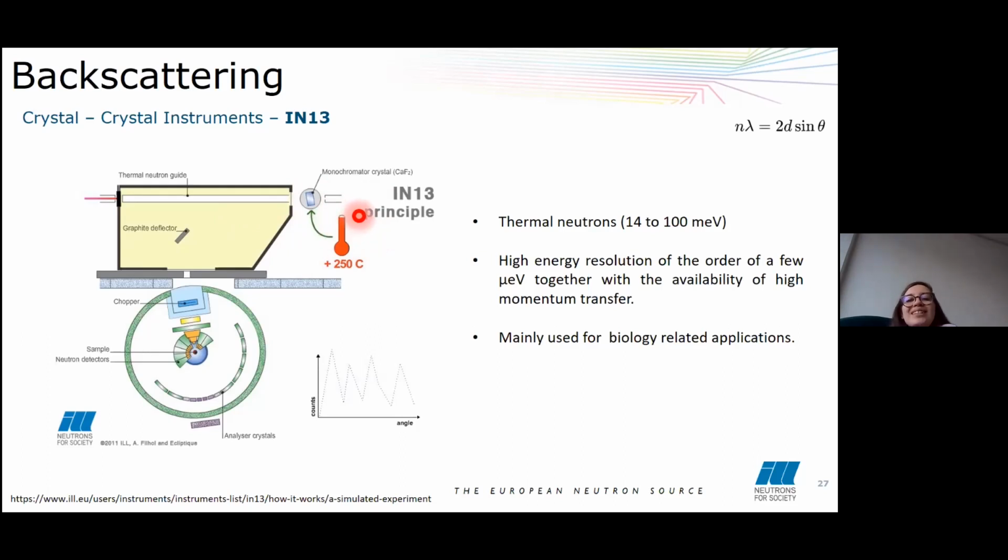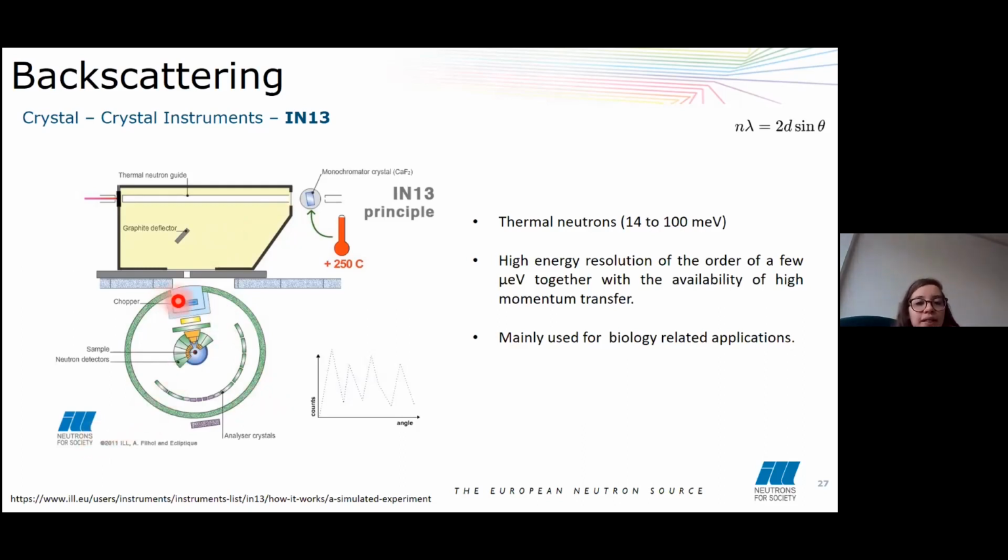since the monochromator itself can change its position. So we change the lattice constant d of the crystal. And this beam then is reflected by this deflector here and goes straight to a chopper, which cuts the beam for time of flight.